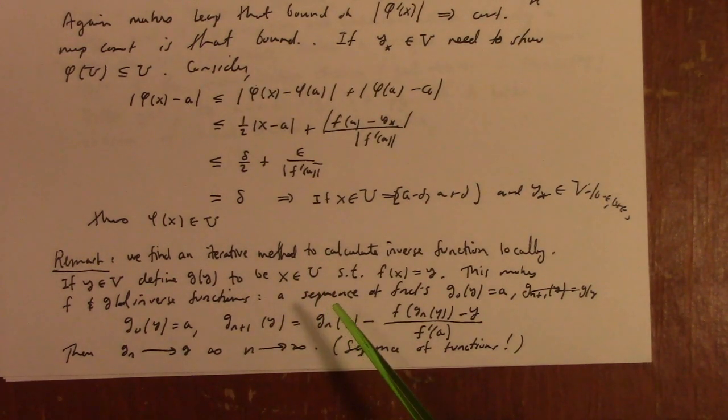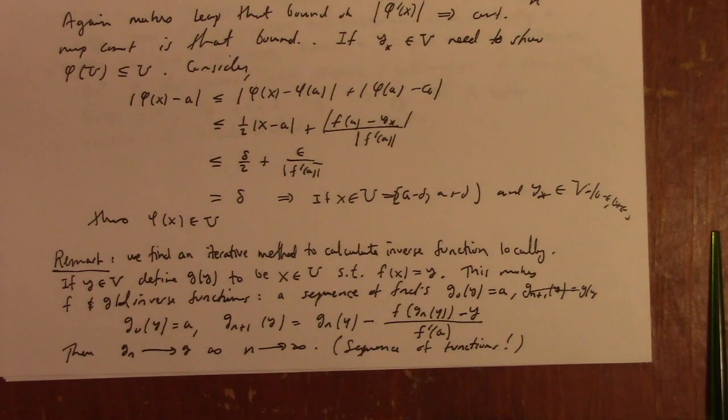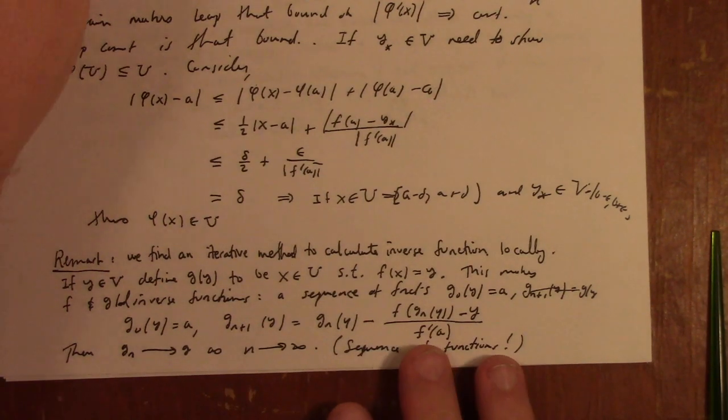So you can then prove properties about the inverse function. Like if you have a differentiable function, then its inverse necessarily has certain properties and so forth. But anyway, more of that is in Edwards. I just wanted to give you a flavor for how these things start to be applied.